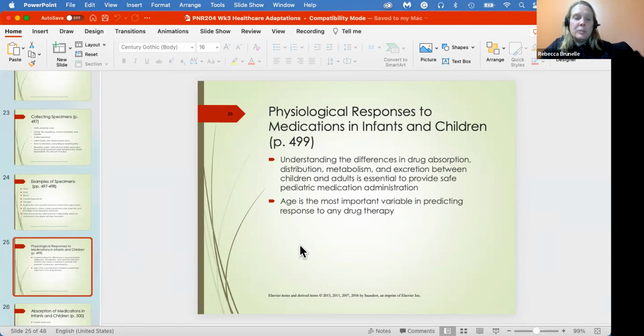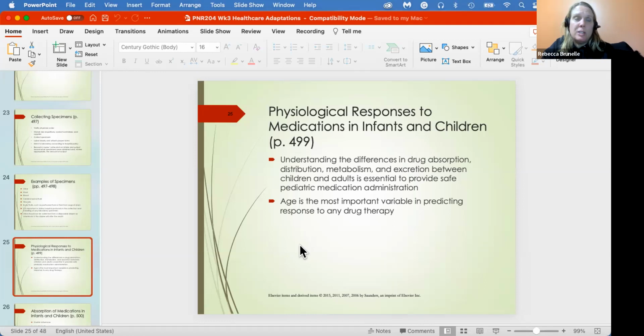So in terms of kids and medications, do you think they're a higher risk or lower risk of toxicity? Higher risk. And why is that? Because they don't metabolize drugs the same as we do. Okay. And what specifically is different about their body? They're smaller. Yeah, so they're smaller and their livers are not fully mature.